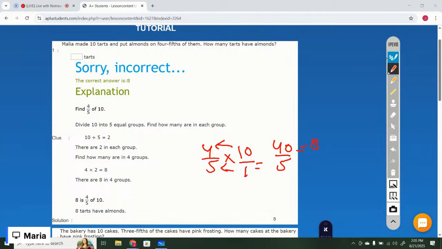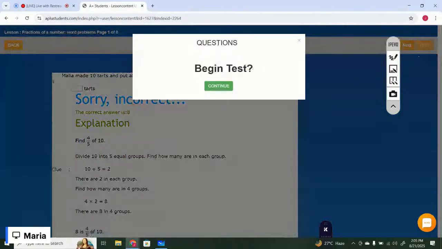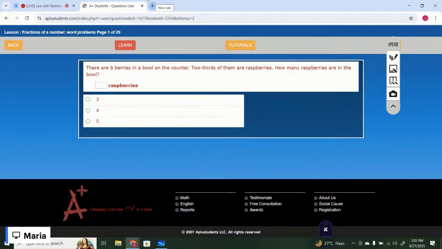Let's just start with the test questions. There are 6 berries in a bowl on the counter. 2/3 of them are raspberries. How many raspberries are in the bowl?